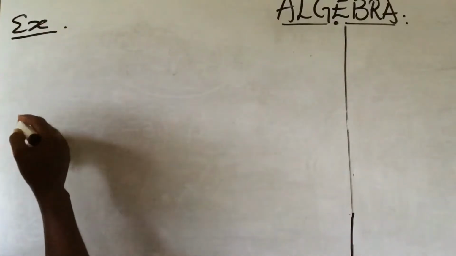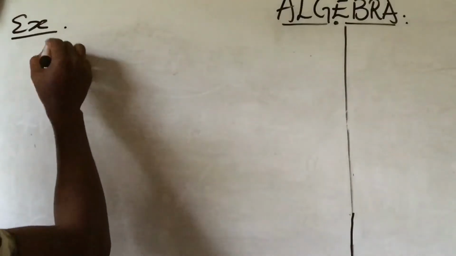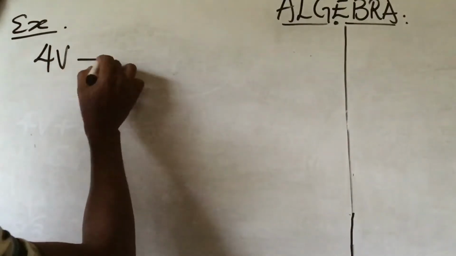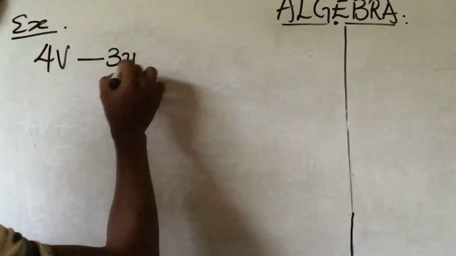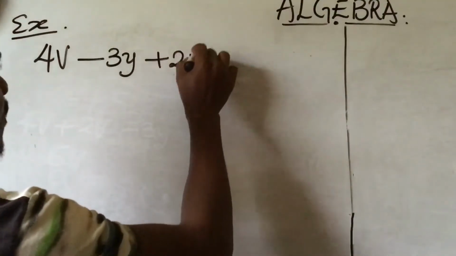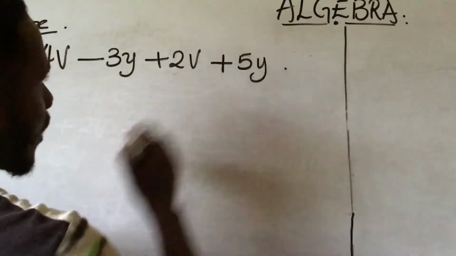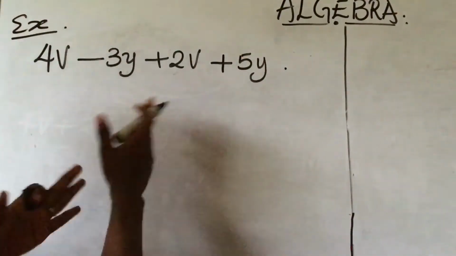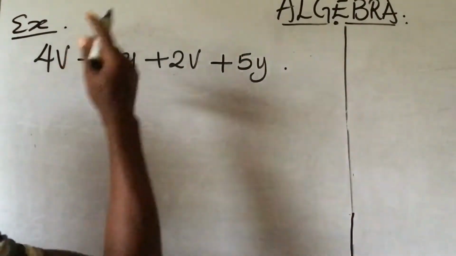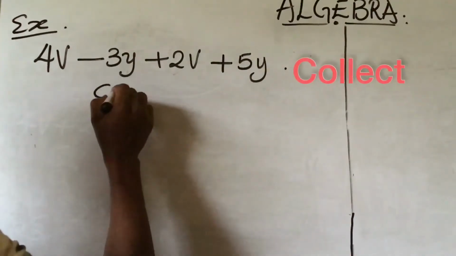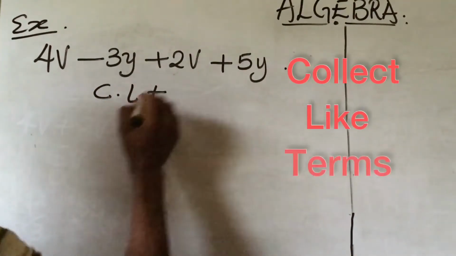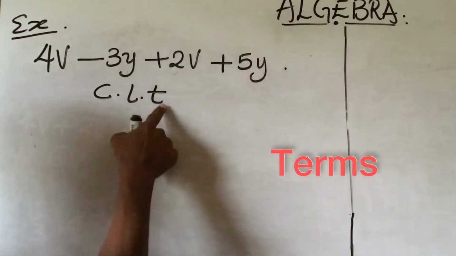So let's go a little bit more advanced. For example, we have 4v minus 3y plus 2v plus 5y. Alright? So this is what we have. How are we going to solve this exactly? There's something known as collecting like terms.